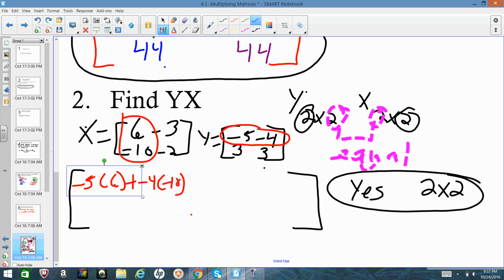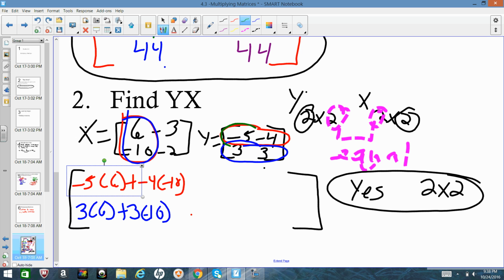Now we're going to do the bottom left. So I take the bottom of Y and the left of X. So I'd have 3 times 6 plus 3 times negative 10. So now I'm doing this top right.